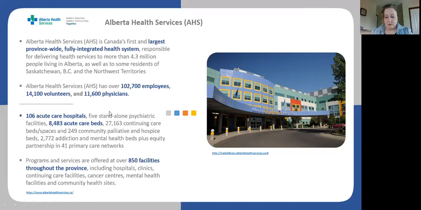Of course, it's also important the fact that you have multiple acute care hospitals, beds, and facilities throughout the province. The picture that you have here is really the Alberta Children's Hospital, and you see it's colorful. It's really the choice of design that kids have selected.